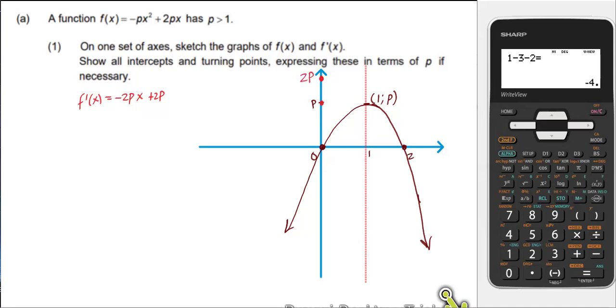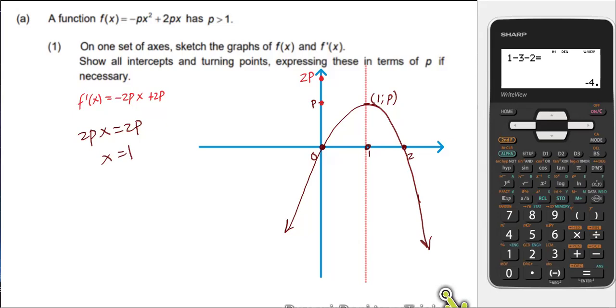And then if I want the x-intercept, y must be 0. So I transpose and I've got 2px equals 2p. When I divide, x equals 1. Well, 1 is here by the brown.